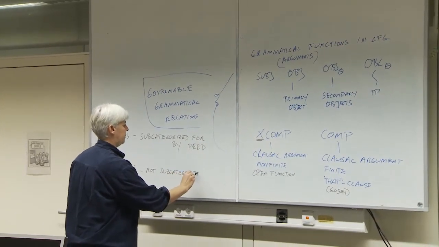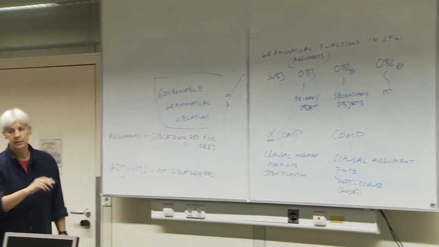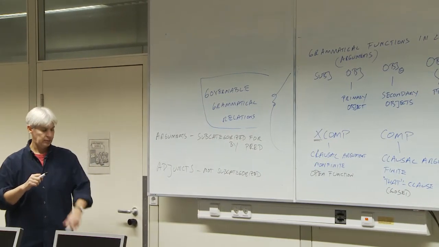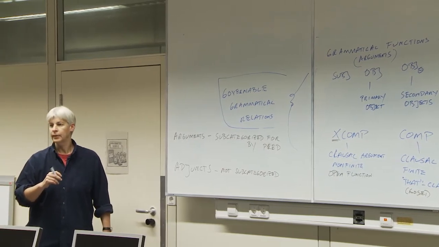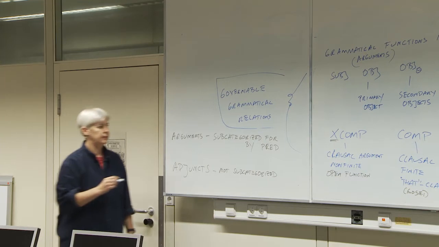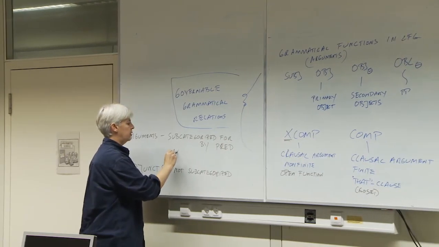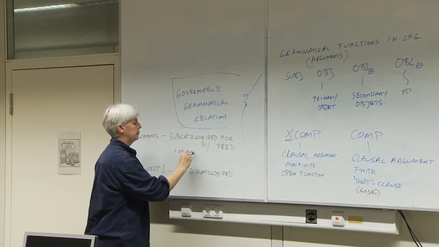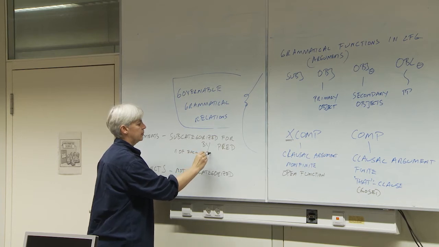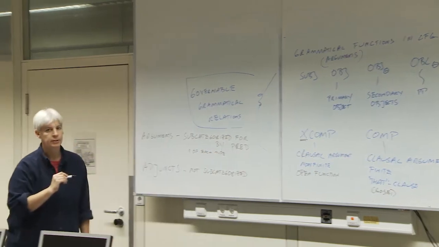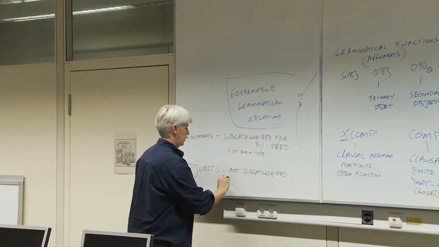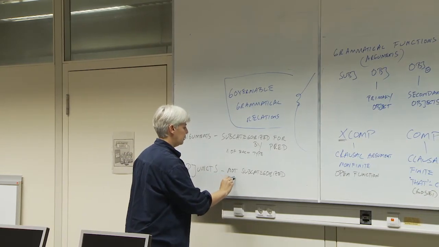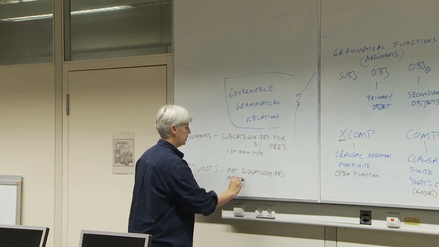Subcategorized. Okay, and what else is important? Remember your one of each type. One subject, one object, one oblique of some type. And here you can have potentially infinitely many of each type.